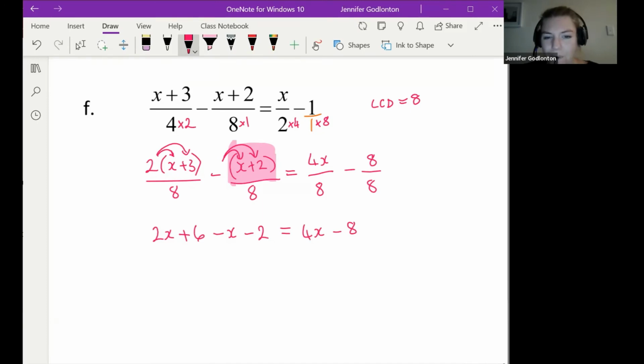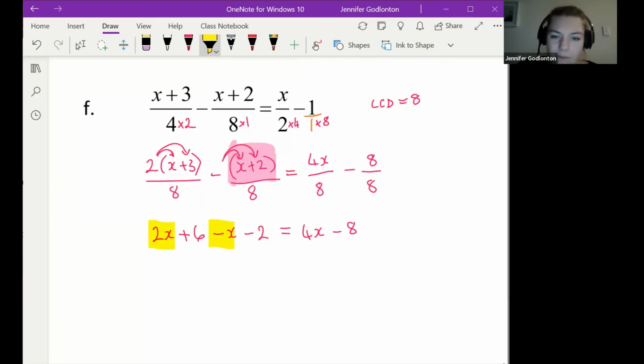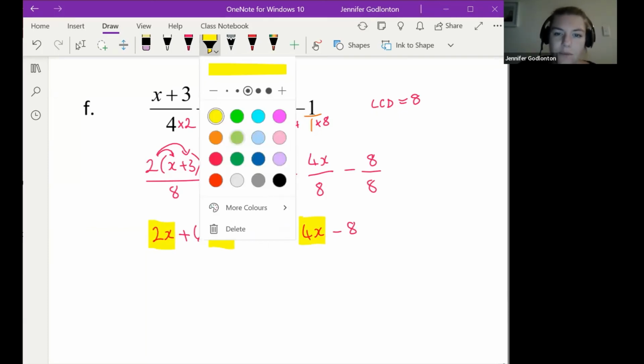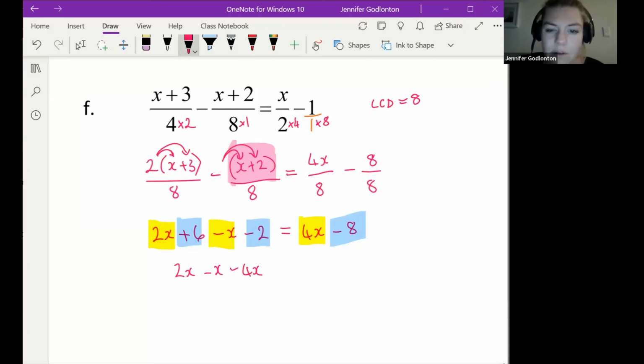And then, ma'am, you're gonna get your variables to the same side. So it's gonna be 2x minus x minus 4x equals negative 8 minus 6 minus 2 plus 2.